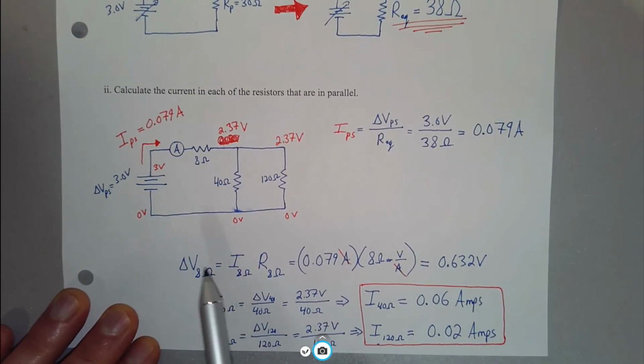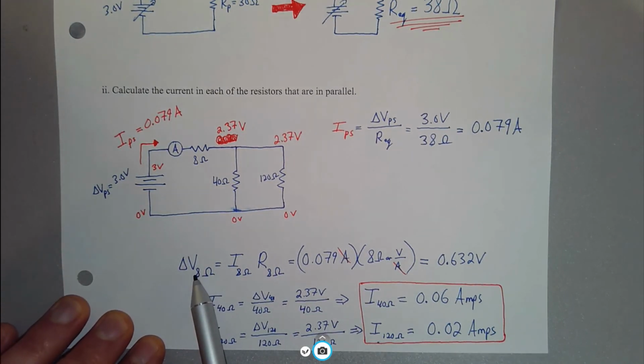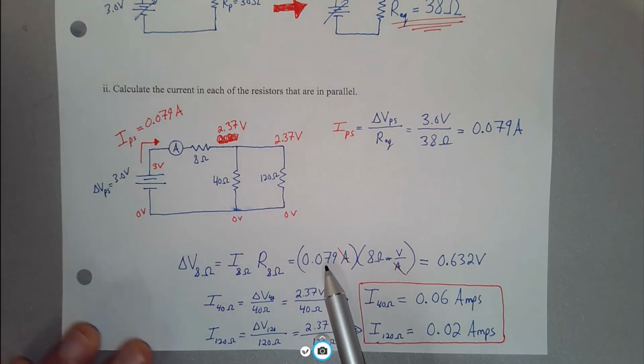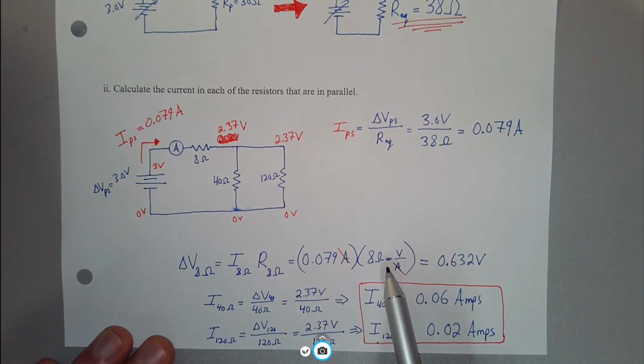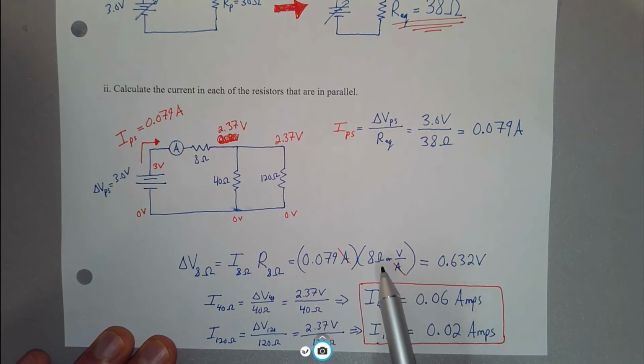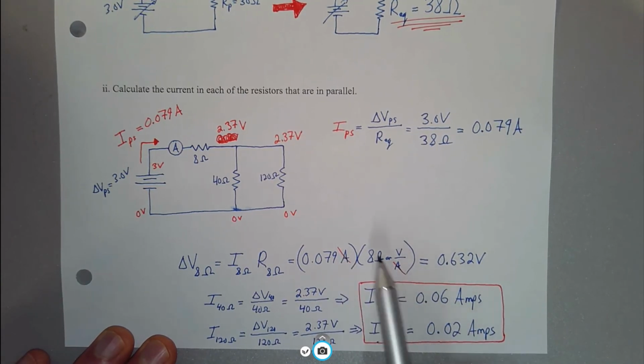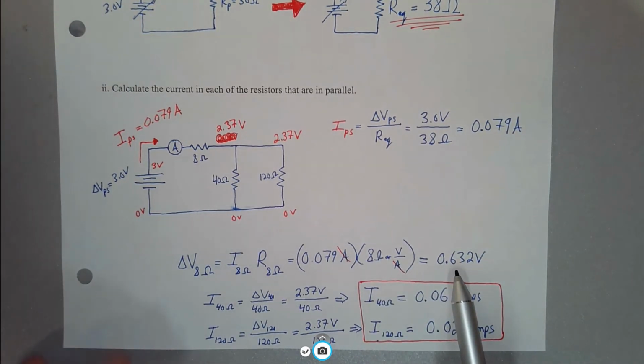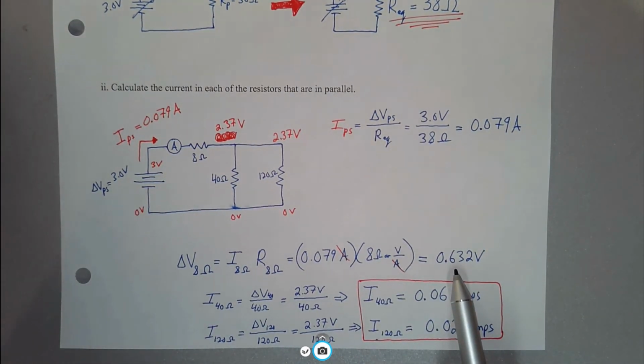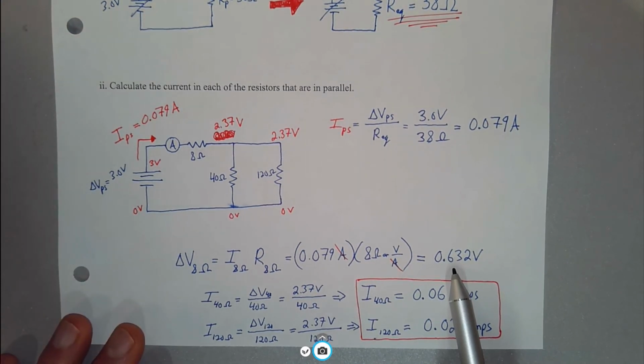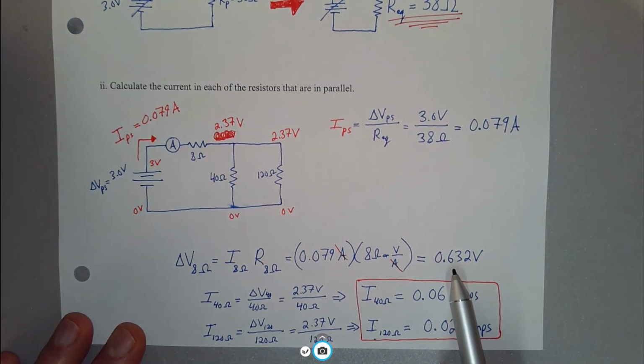So let's use that to figure out the voltage drop across that little resistor. The voltage drop across the 8 ohm is equal to IR, the current going through it times its resistance. There's 0.079 amps going through it, it has a resistance of 8 ohms, and an ohm is the same thing as a volt per amp. So the amps cancel, and we get that the change in voltage across that resistor is 0.632 volts.